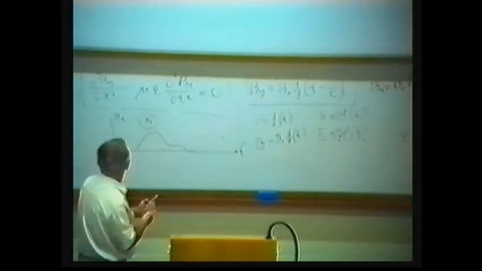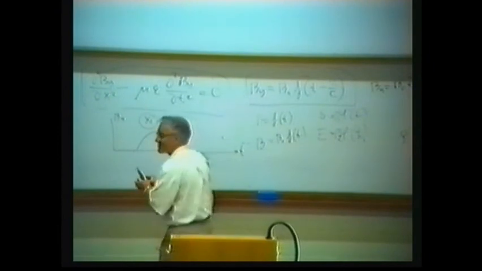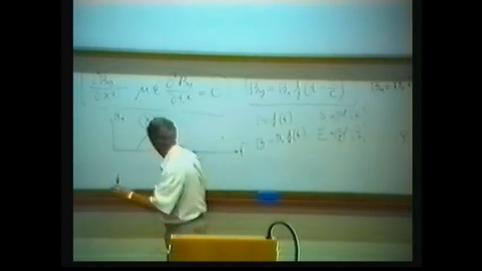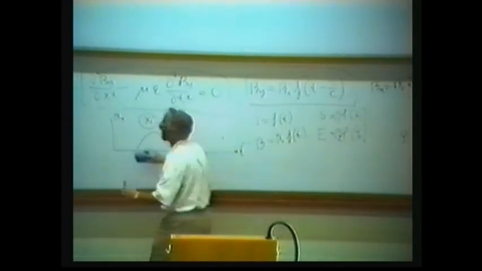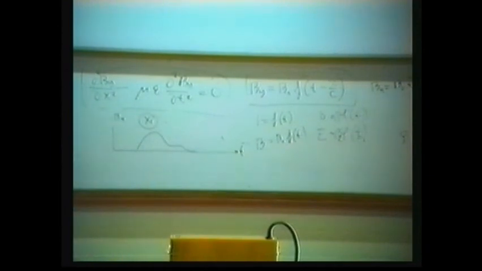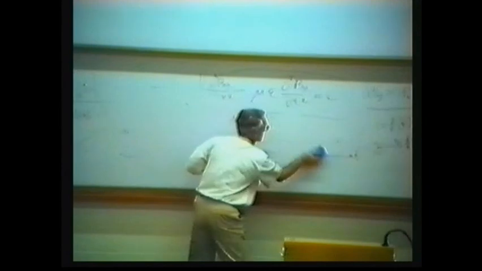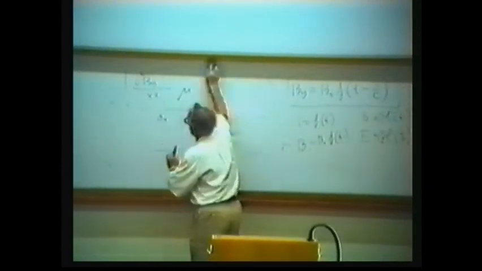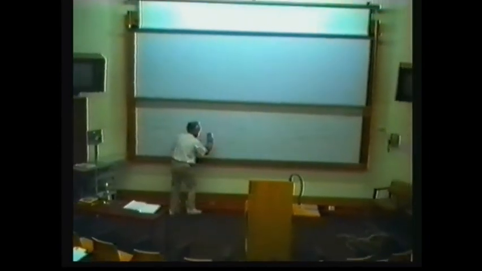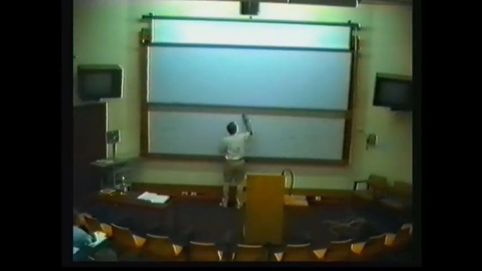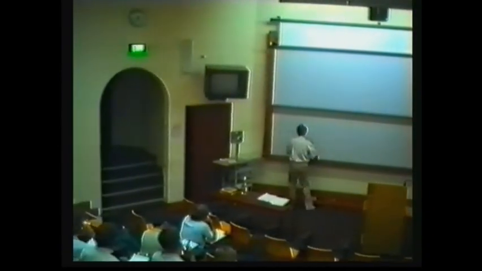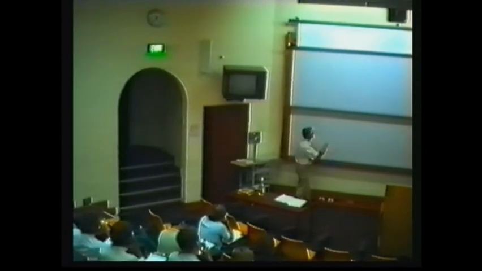Now, how does it happen? Let us discuss approximately how it happens. I wrote the equation for the magnetic field, but there is the same equation for the electrical field.